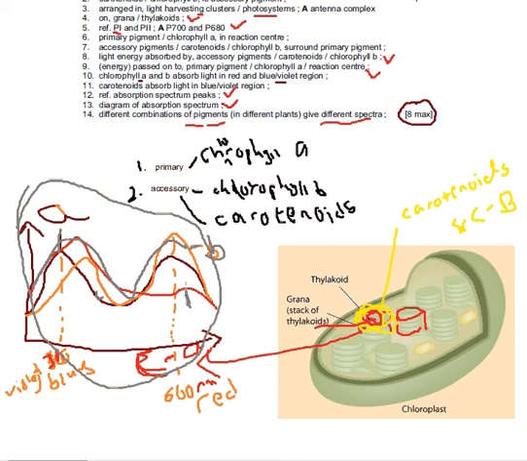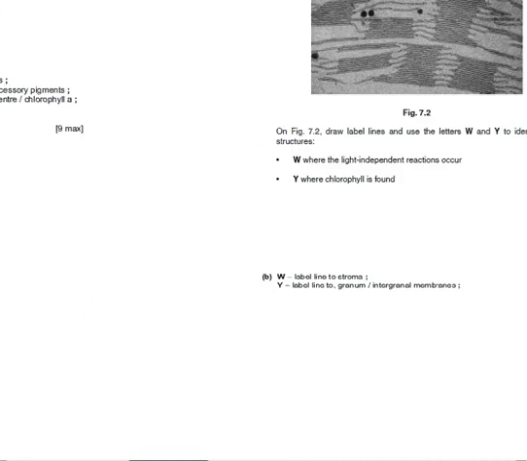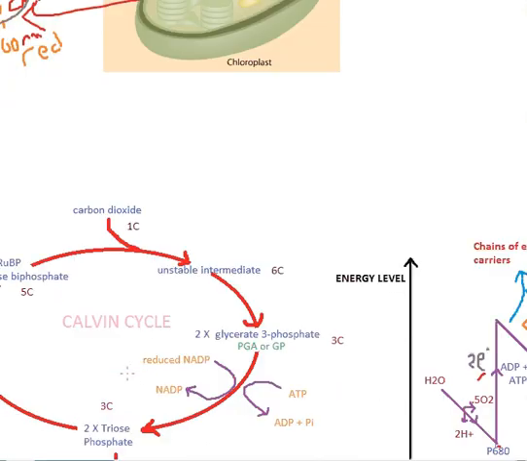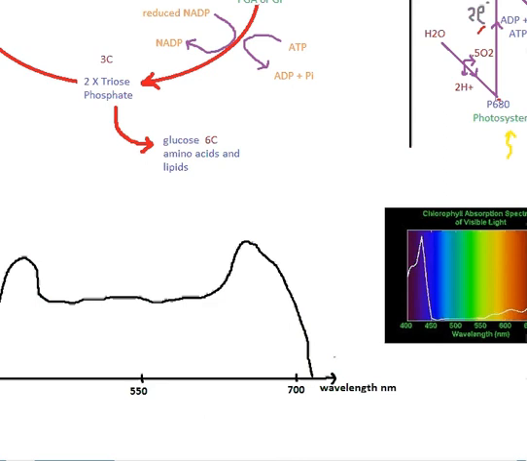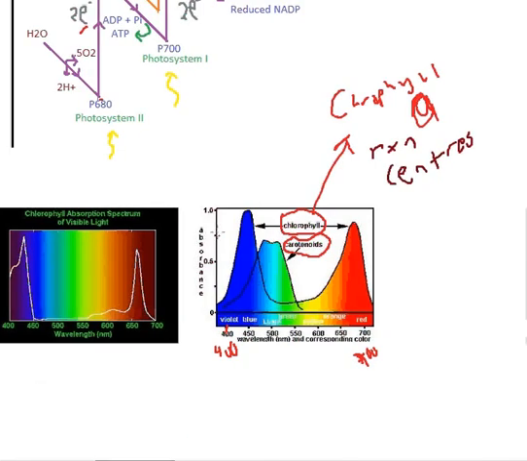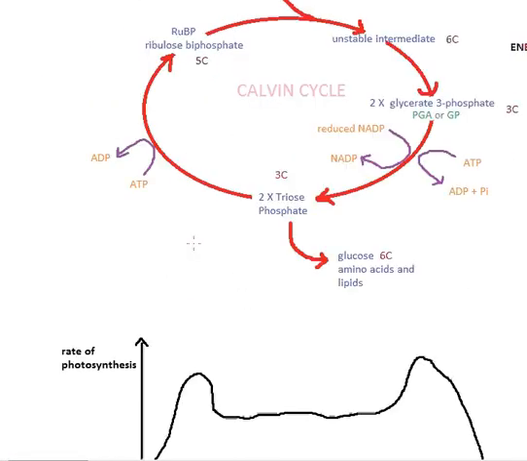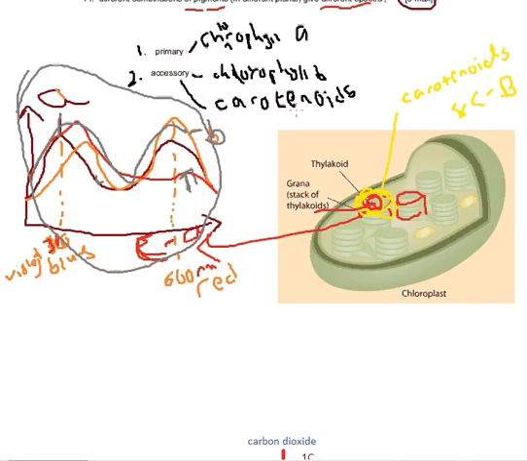Remember that the carotenoid absorption spectra does not have a high peak, and that's all. And then if you are supposed to draw this, you should be very careful with the axis. There is wavelength against absorption, or intensity, or whatever you want to keep it there. So that's the idea behind this.